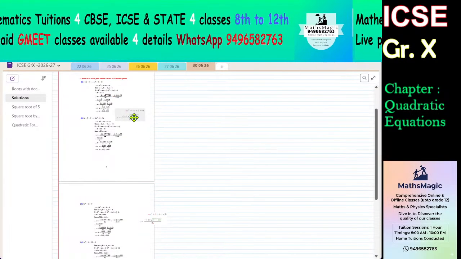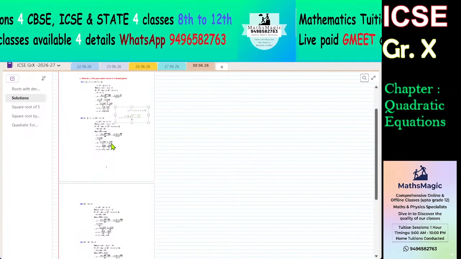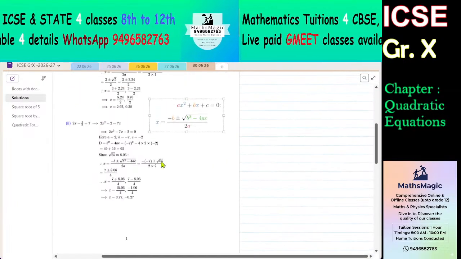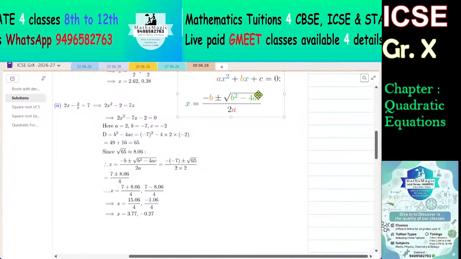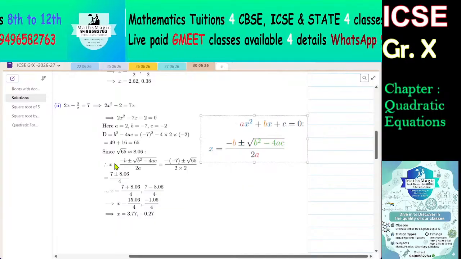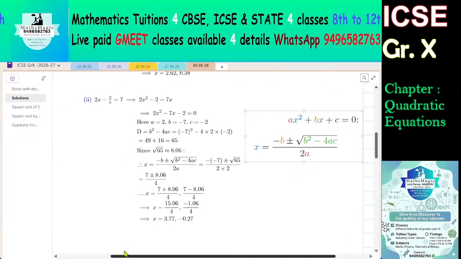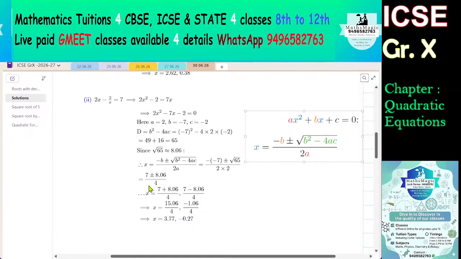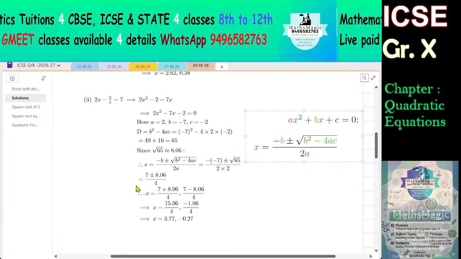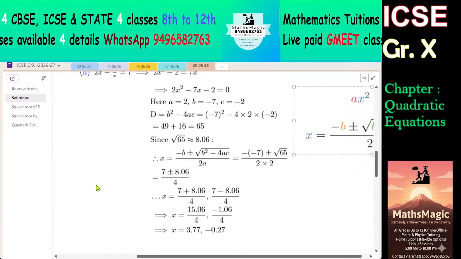Try to write the formula every time you solve a quadratic equation using the quadratic formula.